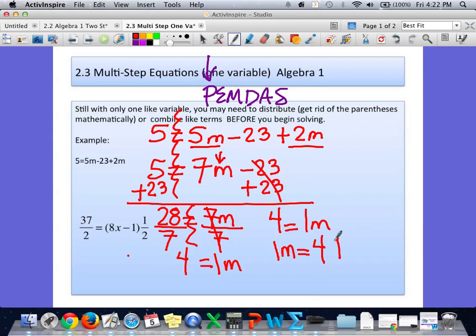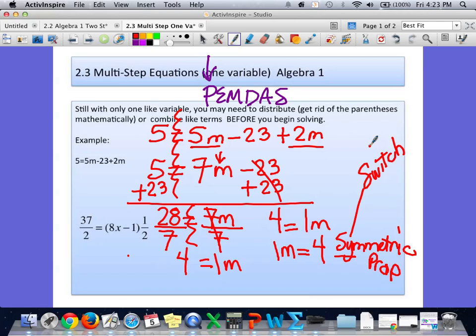This would be considered the symmetric property. When we switch it around, symmetric starts with the S, switch. So that's the property where you can switch around if you don't like that variable on the right. As long as you don't change signs, you're all right.